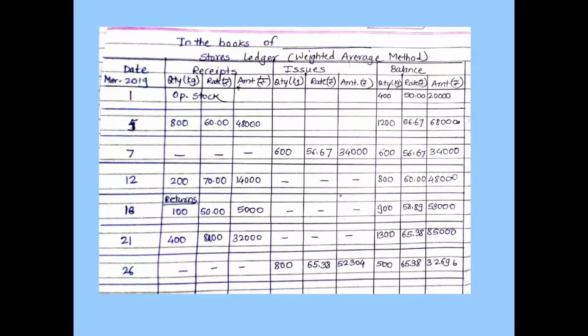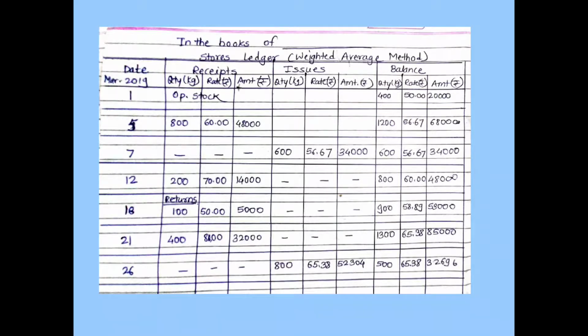800 kg has been issued. The issue rate will be the weighted average cost per unit, 65.38. 800 multiplied by 65.38 makes the amount of 52,304. Now we are going to calculate the balance. Out of these 1,300 kg material, we have utilized 800 kg, so the remaining material quantity is 500 kg, and amount 85,000 minus 52,304.